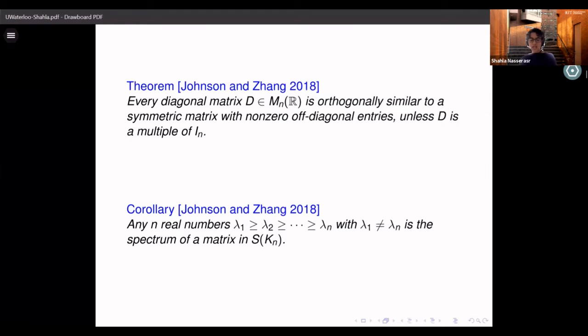That's exactly a matrix for a complete graph. So any set of numbers, as long as at least two of them are distinct, can be the spectrum of a matrix in S of K n. That solves the inverse eigenvalue problem for complete graphs too.